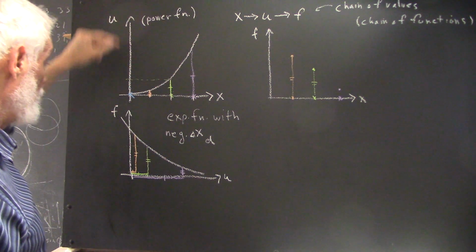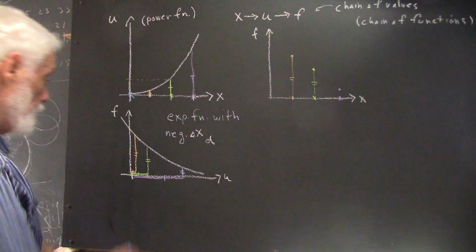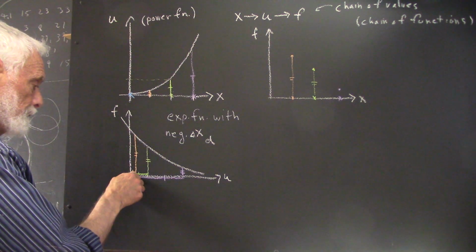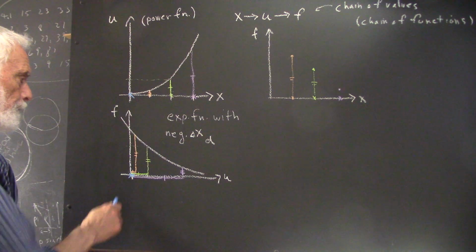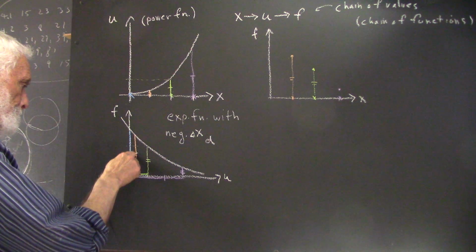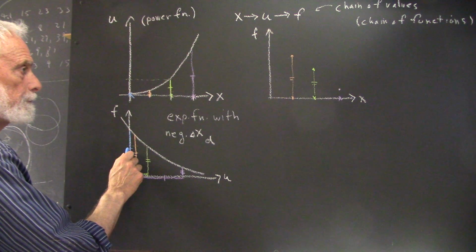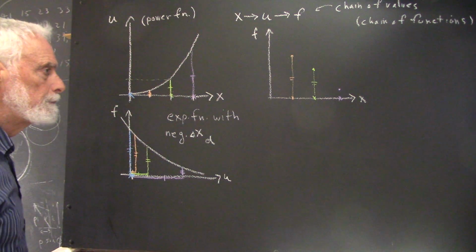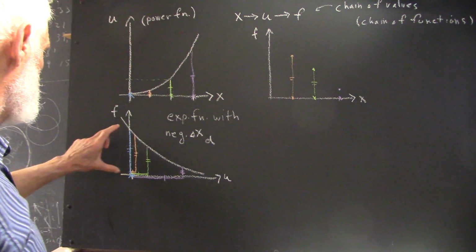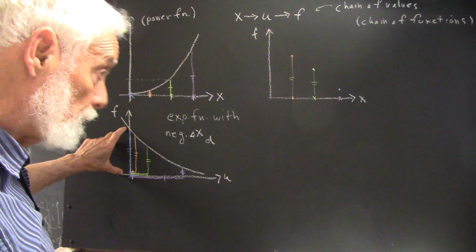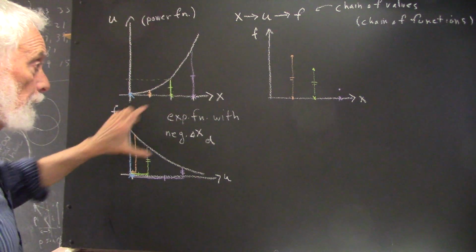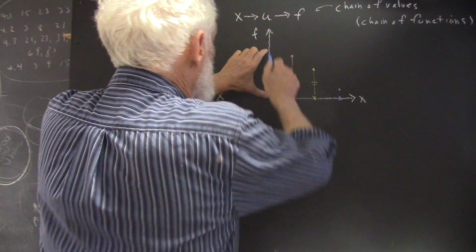It means that my value of u is 0, so I come down here to value 0. That's going to give me a point here, and it's now going to give me a value of f that corresponds to the length of this segment, so I put that up here.